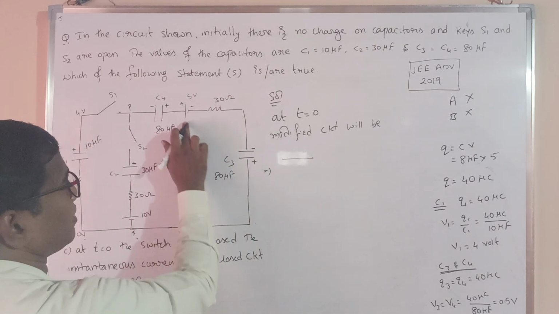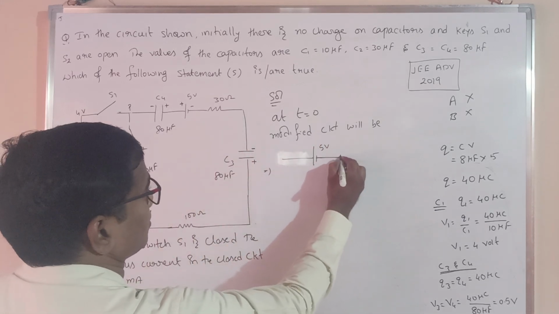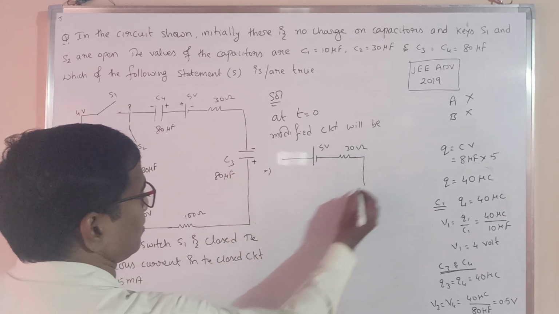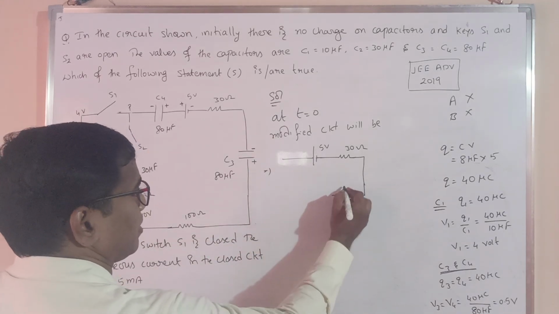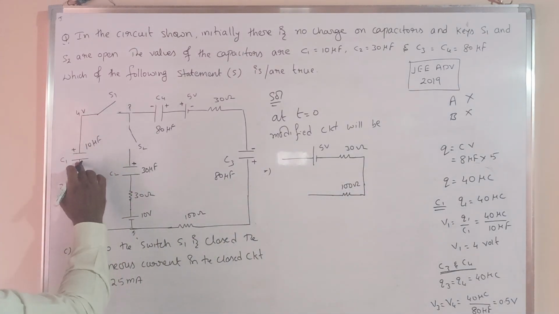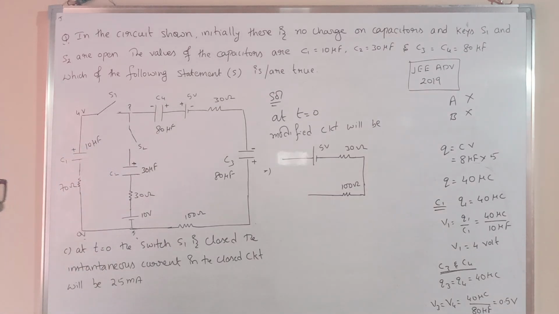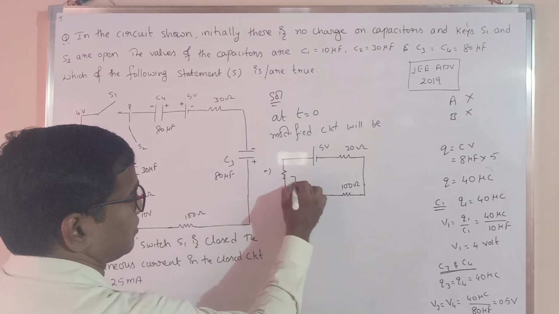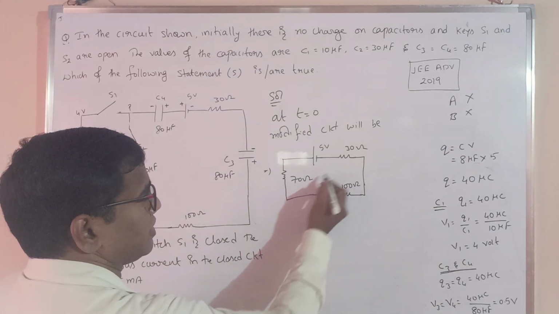So directly here I will write one potential which is 5 volt, one resistor 30 ohm, it acts as a conducting wire, and here one resistor is there. How much is it? 100 ohm, and here the capacitor is there. At t is equal to 0, this capacitor acts as a conducting wire, and here 70 ohm resistance is there. Now see, in this situation 100, 70, 30.